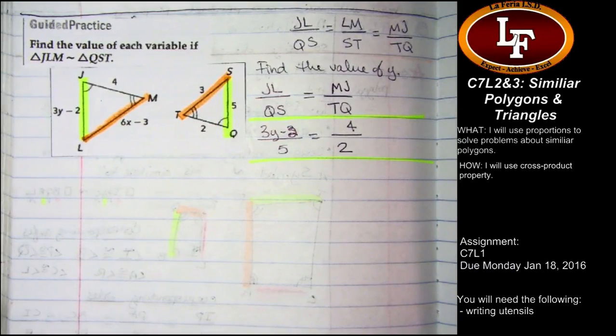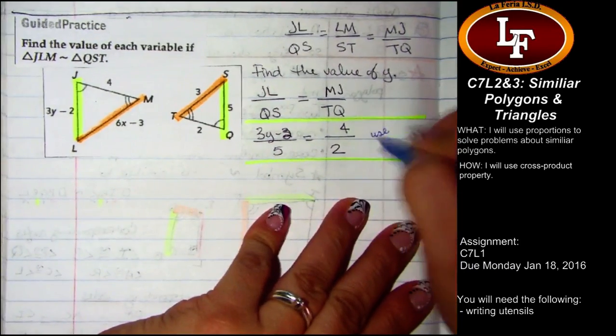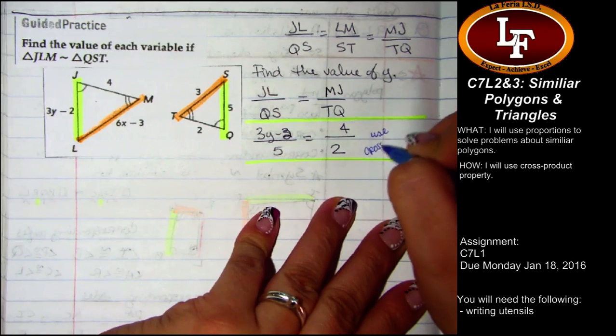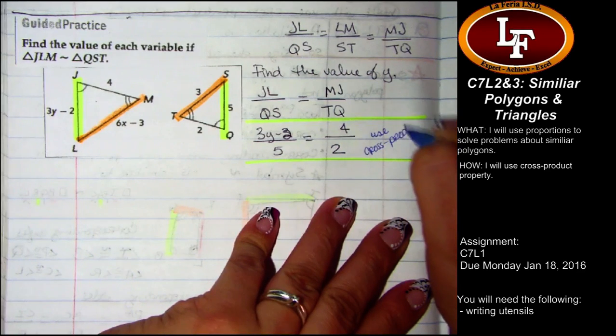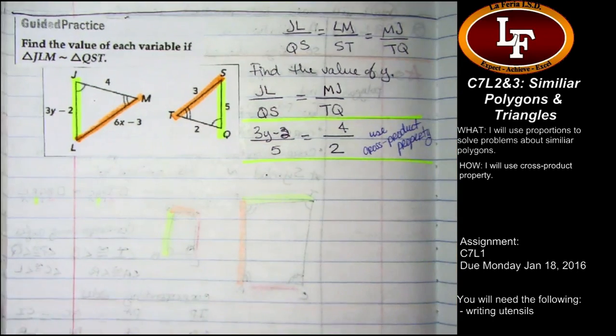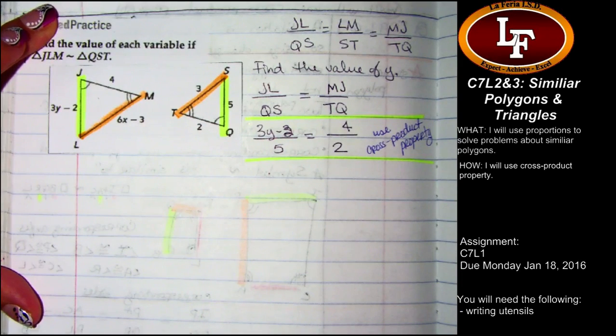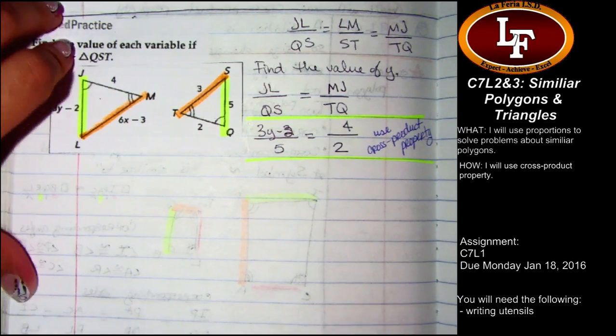What can I use to help me solve proportions? Cross multiplying. Cross multiply, whose formal name is the cross product property. So cross multiplication, yes, but I'm going to start calling it the cross product property to get you used to that formal name.